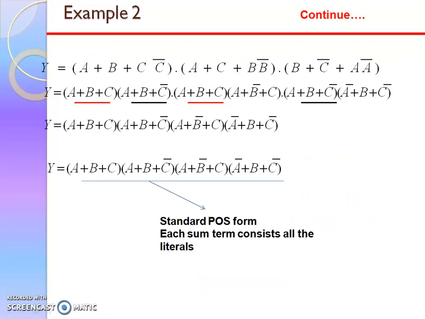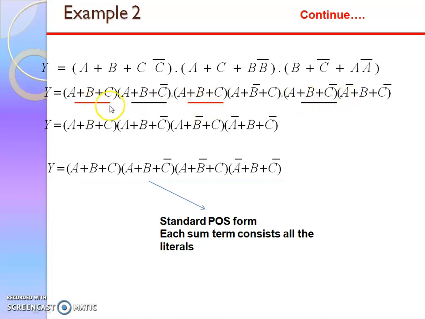bar. Now after solving this, a plus b plus c into a plus b plus c bar into a plus c plus b, and next is a plus c plus b bar. Now this is a plus b plus c bar, again a bar plus b plus c bar. Here you have to observe that a plus b plus c appears again as a plus b plus c, and a plus b plus c bar appears again as a plus b plus c bar.